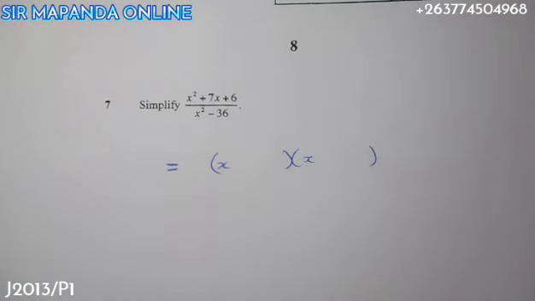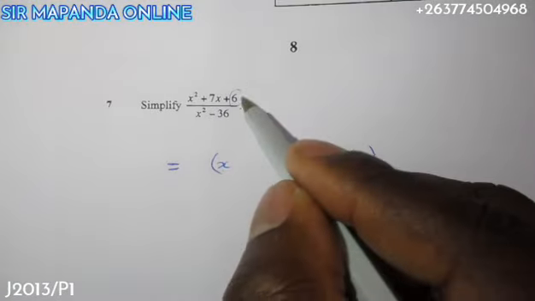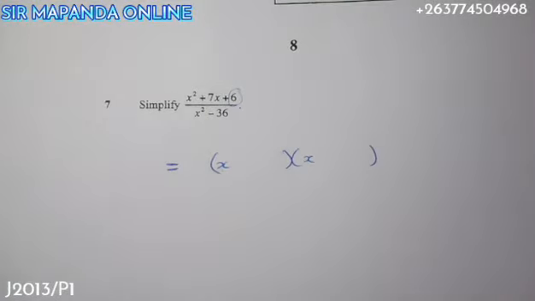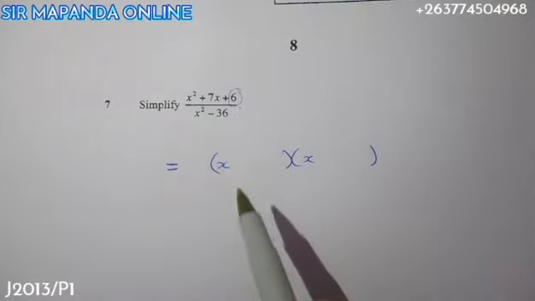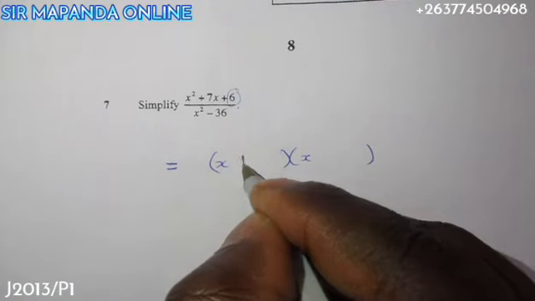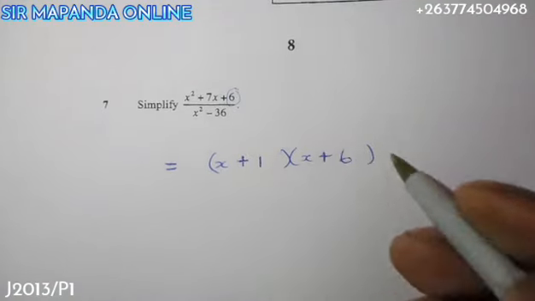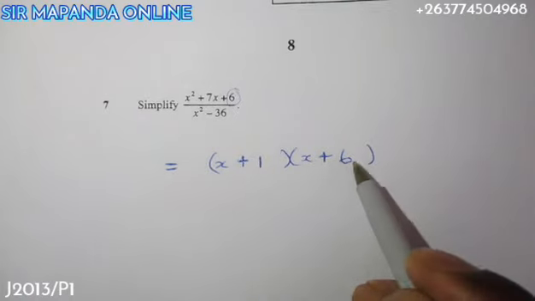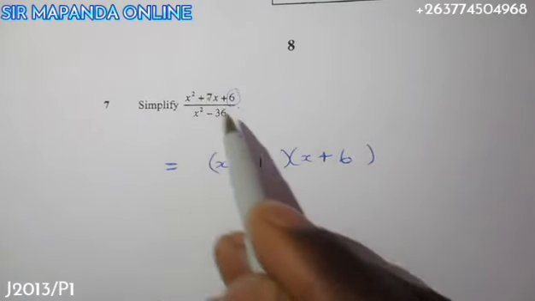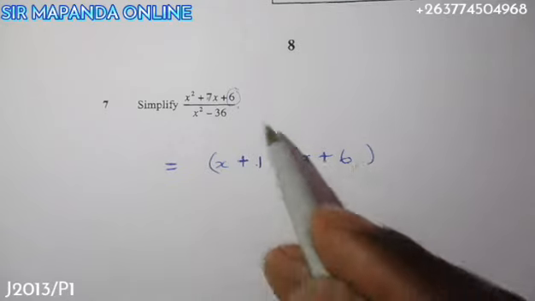Then you are going to find 2 numbers, or the 2 factors of 6, which give you a sum of 7. So the 2 numbers are plus 1 and plus 6. 1 plus 6 gives you 7. 1 times 6 gives you 6.